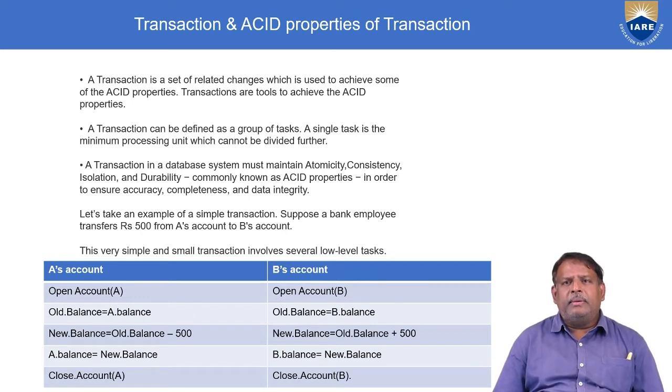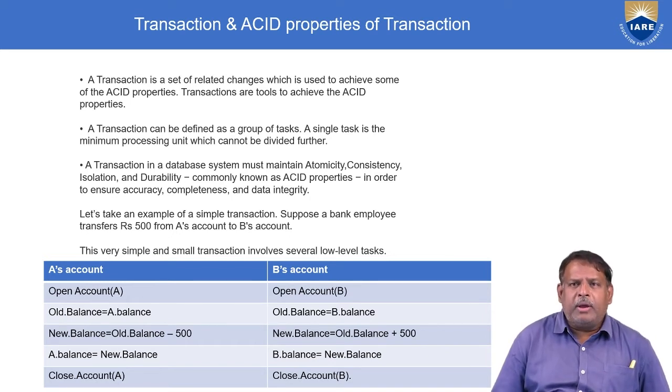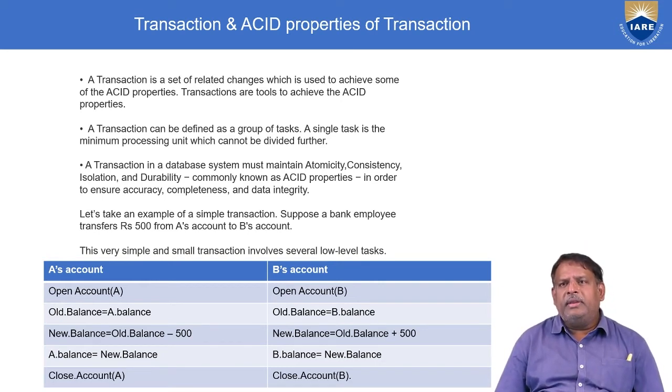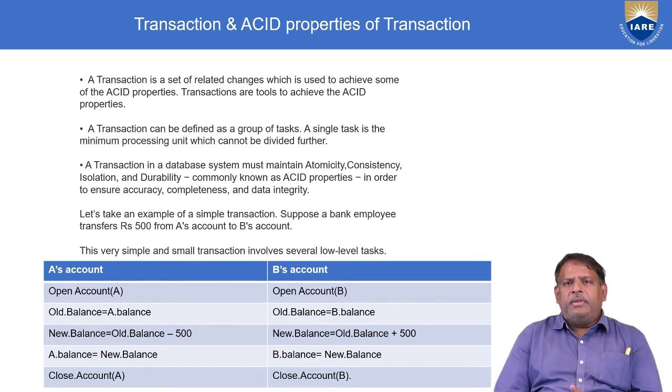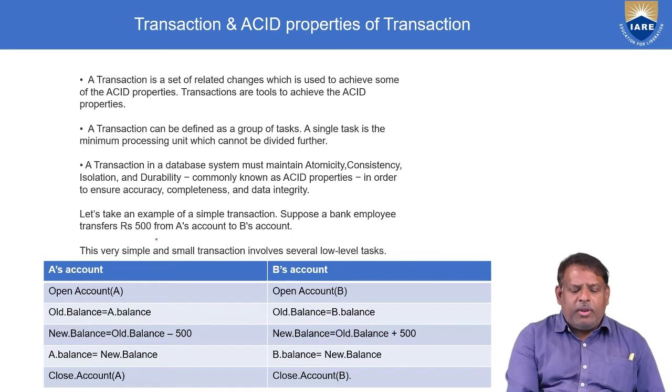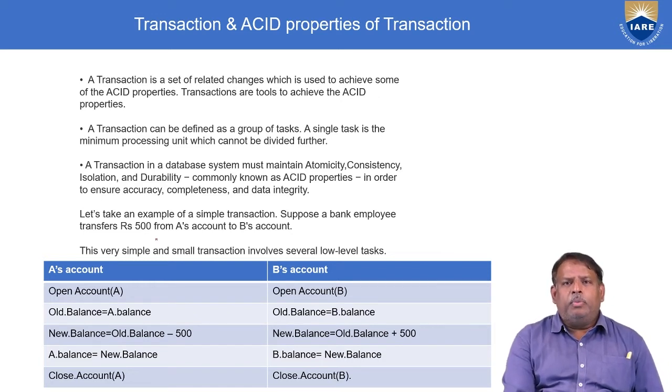Now let us take an example of a simple transaction. Suppose a bank employee transfers 500 rupees from account A to account B. This is a series of steps. This is a very simple and small transaction, but it involves various low-level tasks. First, we have two accounts, account A and account B. First he opens account A. He says old balance is equal to A.balance.